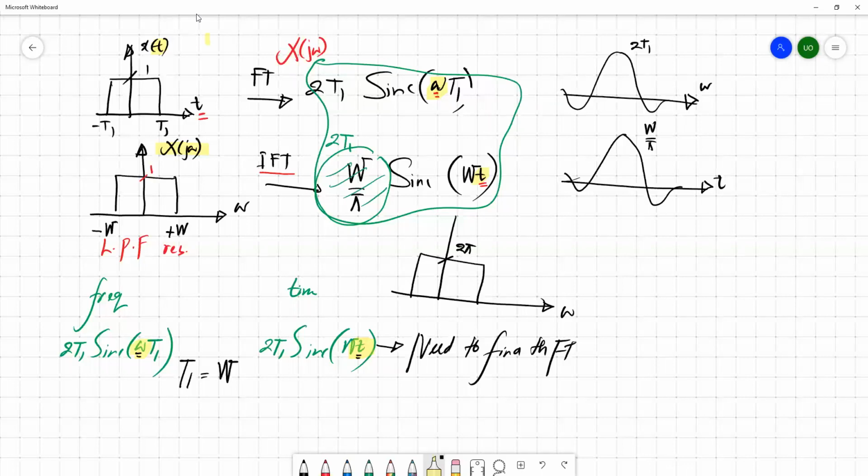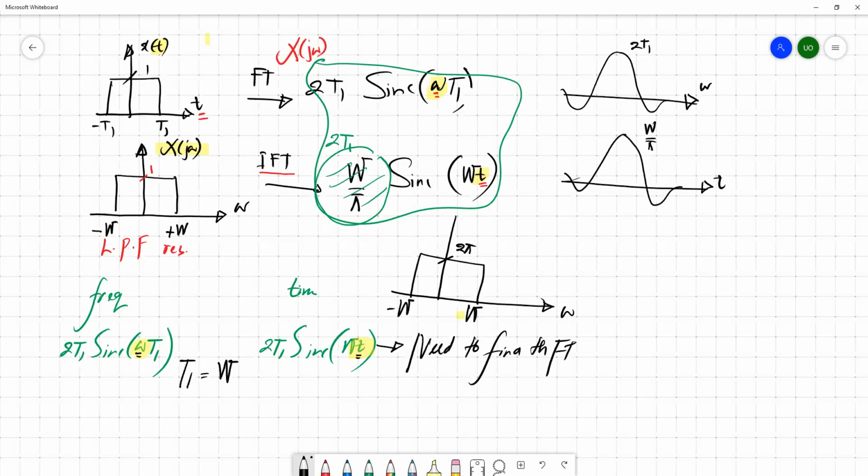So here it would be W and this would be minus W. We know that T1 is equal to W to match these two together. So you just replace T1 with capital W, and minus T1 with minus W. Then this is the Fourier transform of this time domain quantity.